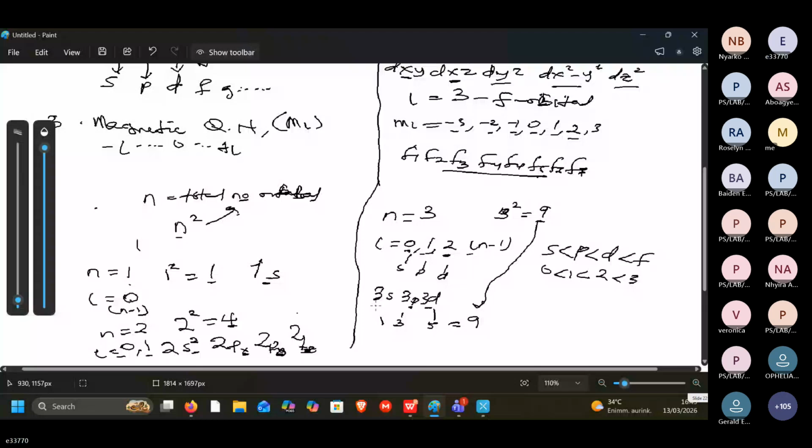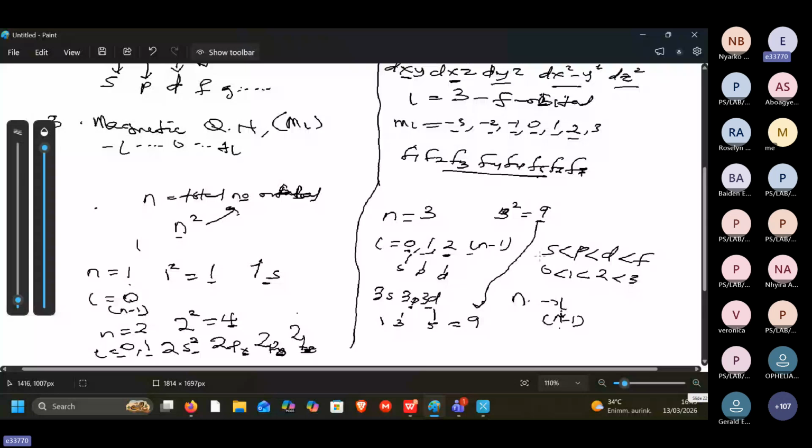Now, note that, as I mentioned, N is related to L by just noticing that the highest allowed value for L should be N. If we have a situation where L is more than that, we say that it is electronically forbidden.